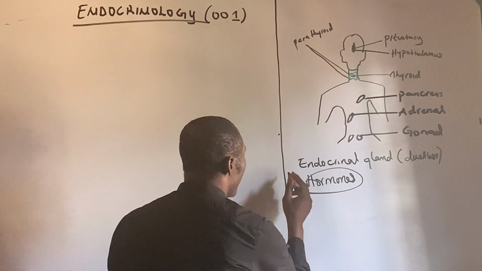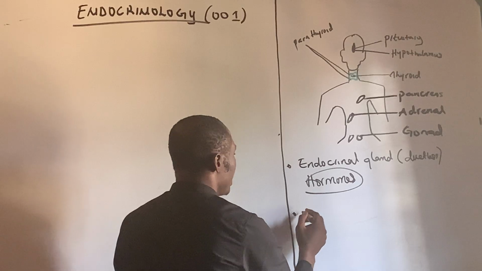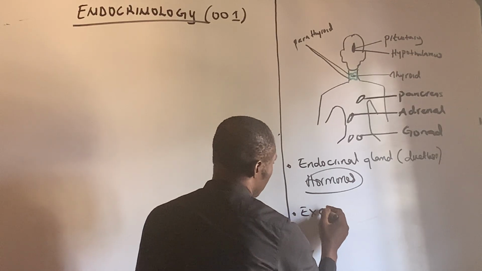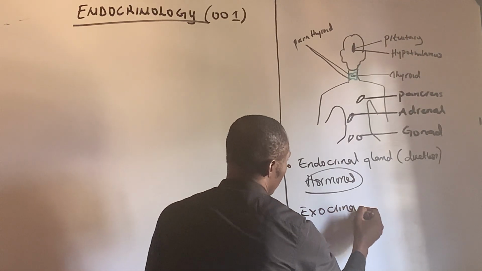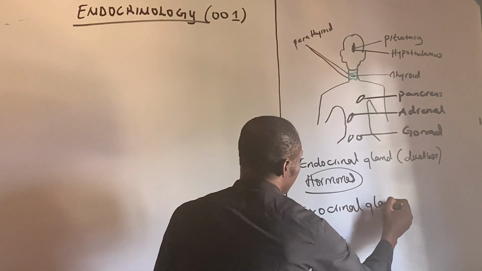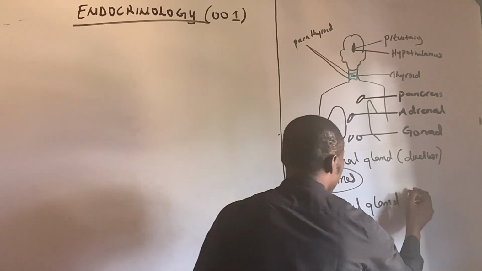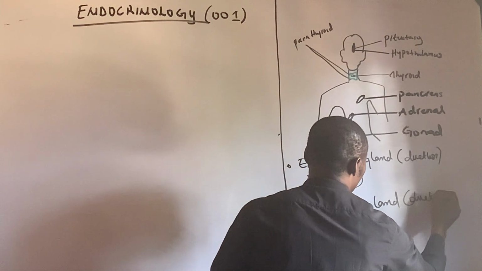Now, the next gland that we have is the exocrine gland. The exocrine gland has a duct.